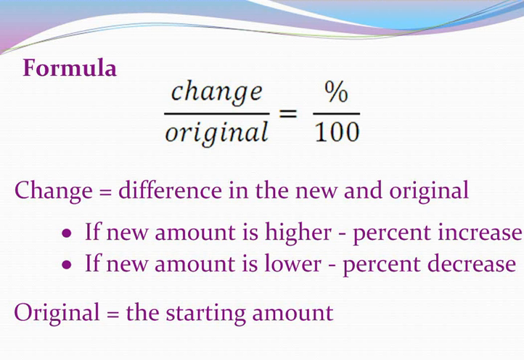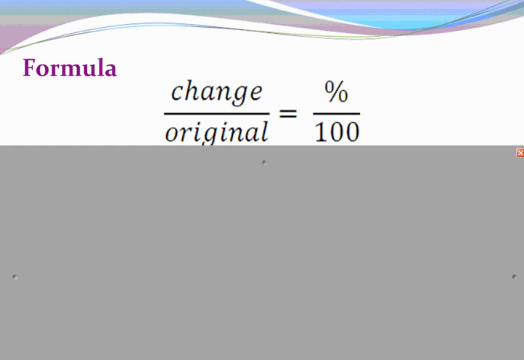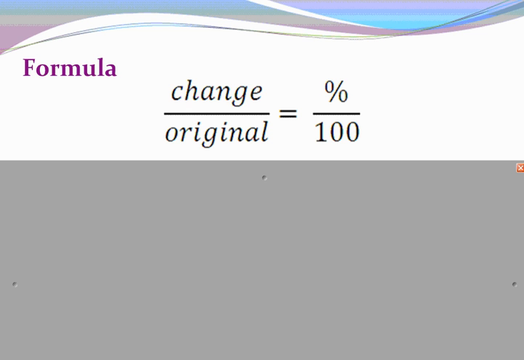The formula we will be using for percent of change looks like this. Let's just look at the formula for a second. It says change over original equals percent over 100. The same kind of setup we've been using. But the thing that makes this different is this part here, the change.